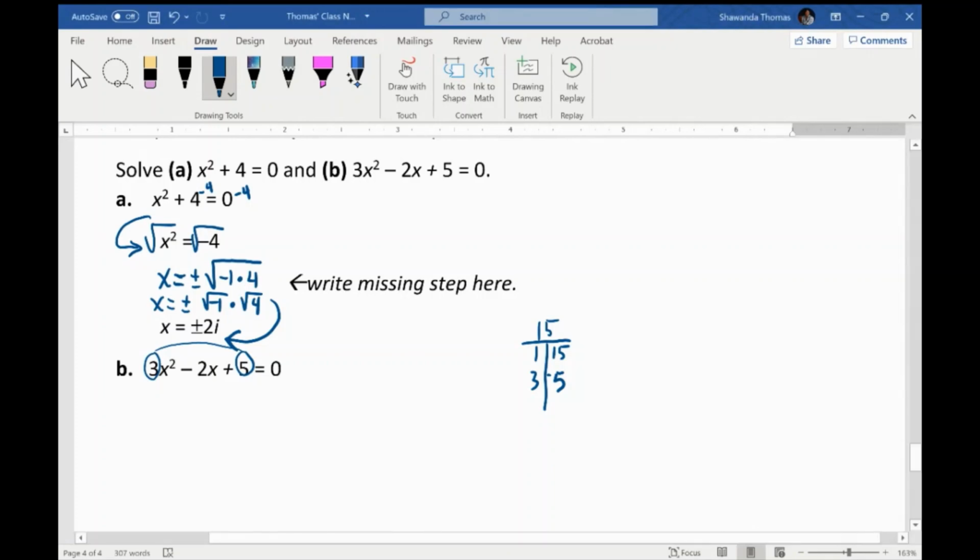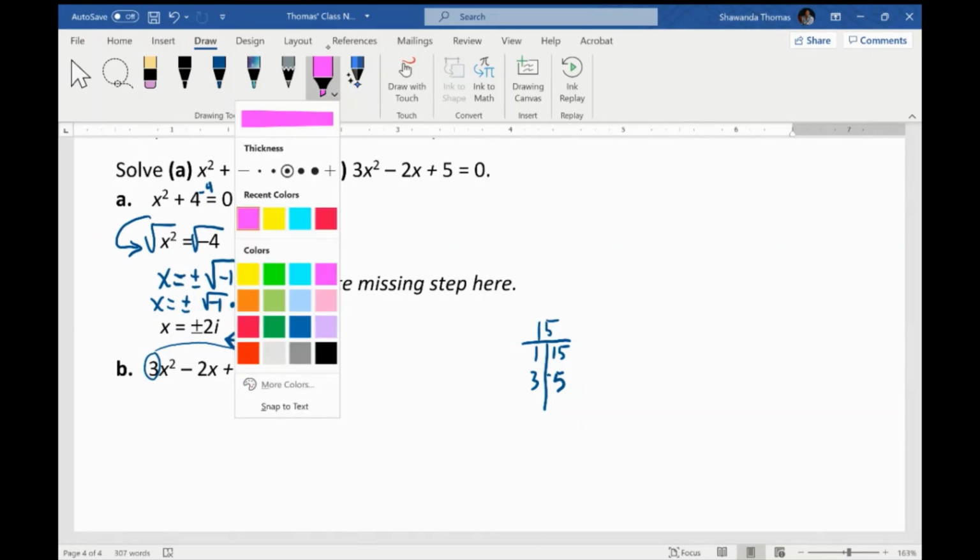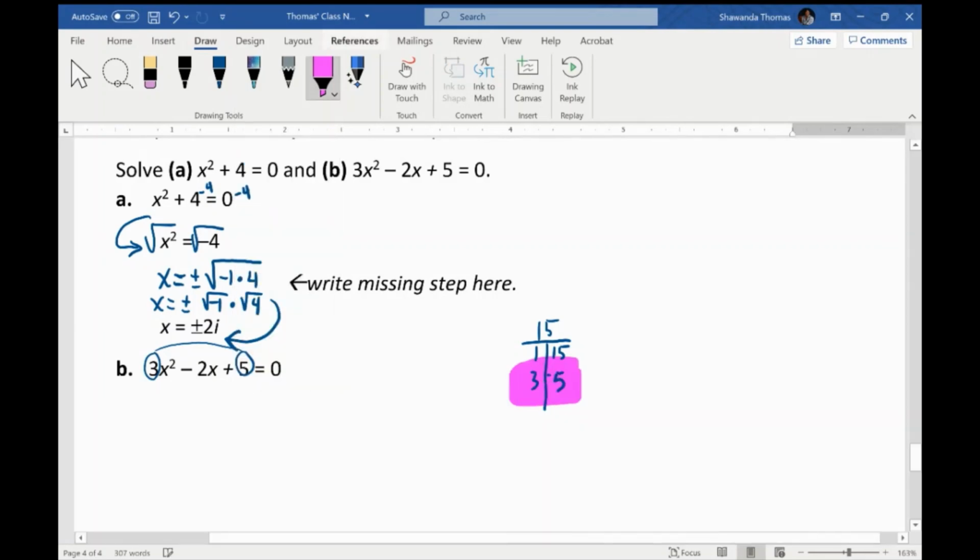Why can't we factor this? Why doesn't this work? 3 and -5. They won't add up to get 5. Why are we looking for 5 though? Because our middle number is -2.